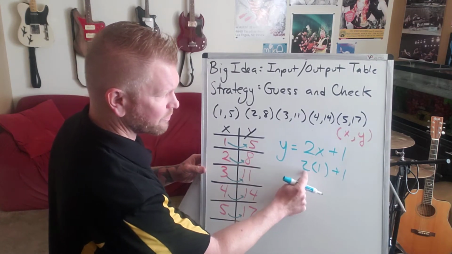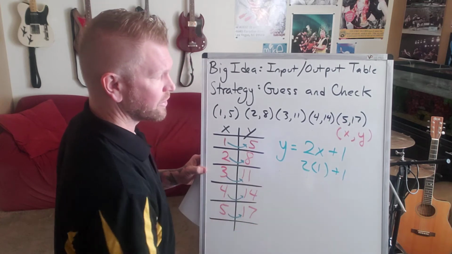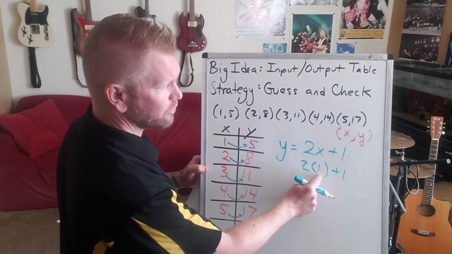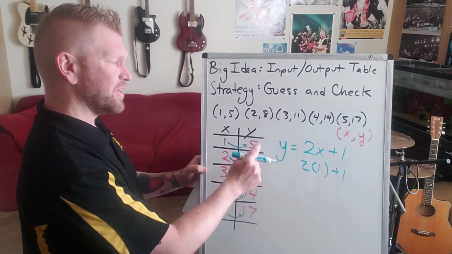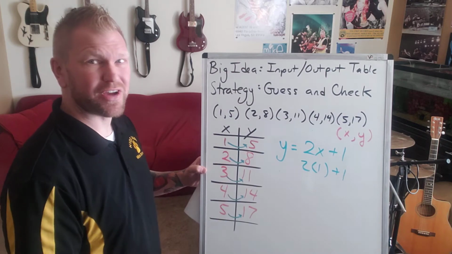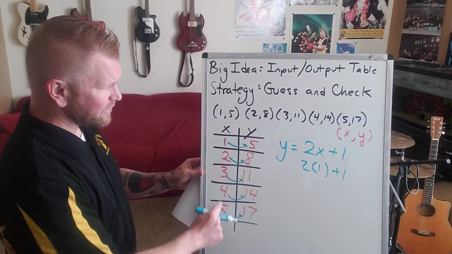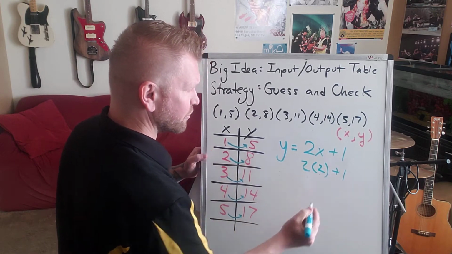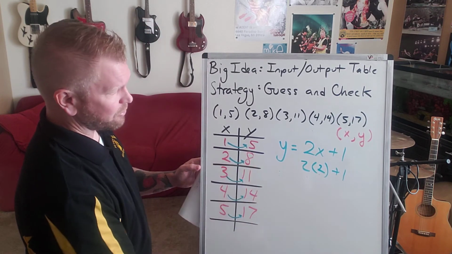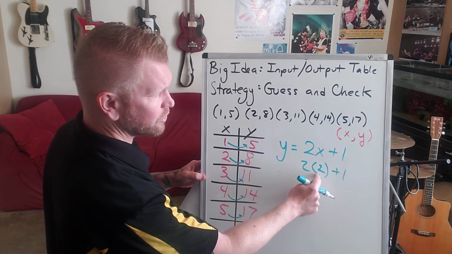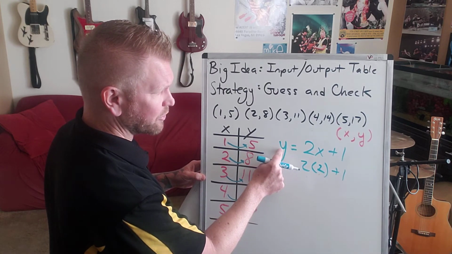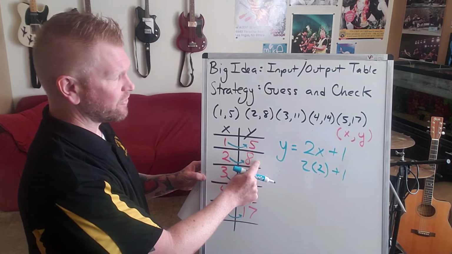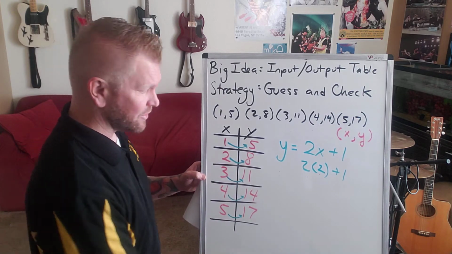Okay, so what is 2 times 1 plus 1? 2 times 1 is 2, plus 1 is 3, but not 5, so I don't think we've got it. We can test it again for any one of these x numbers. We'll take this 2 right there. So we'll plug in a 2. Now, if we get 8, maybe we're on to something. 2 times 2 plus 1 is what y equals, but that is not 8. That would be 5. So it doesn't look like that's it either.